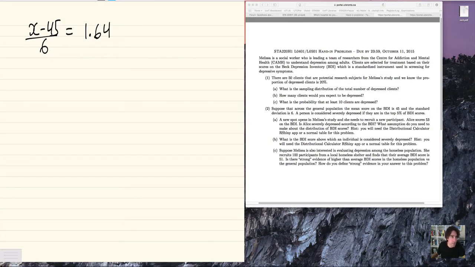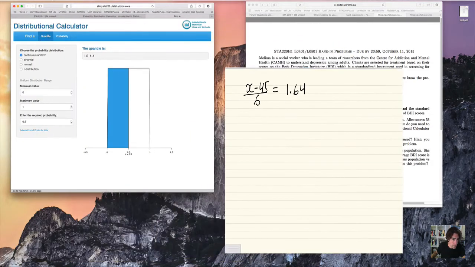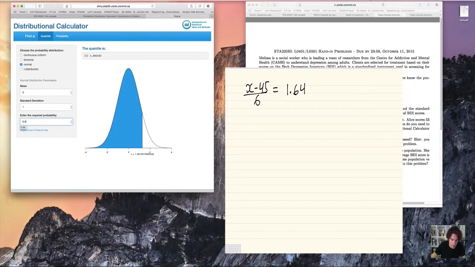1.64. And you can see that over here, if we go to the distribution calculator and we look at the normal curve, and then we enter 0.95, you can see that the value here is 1.644.